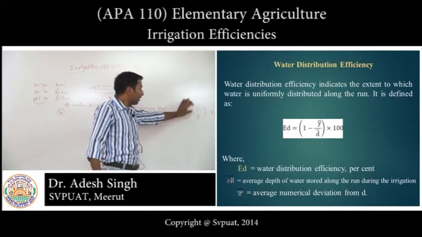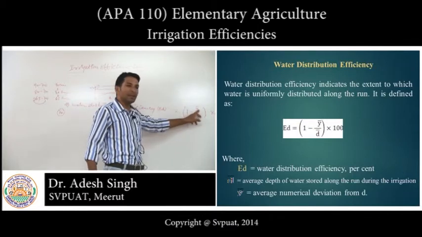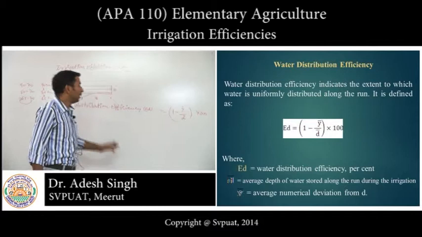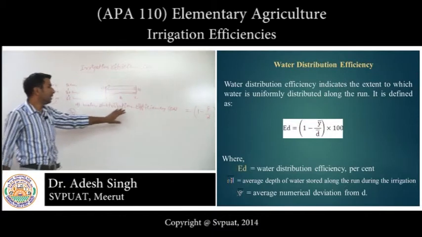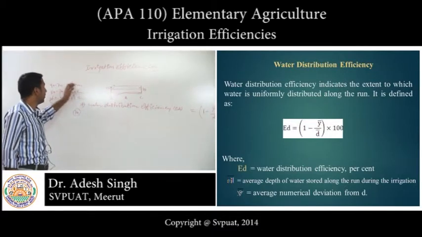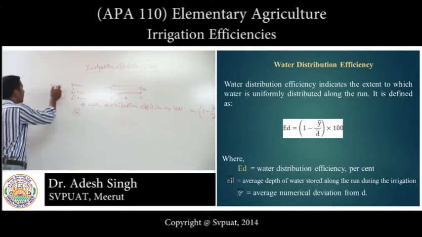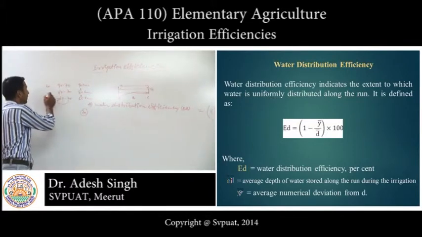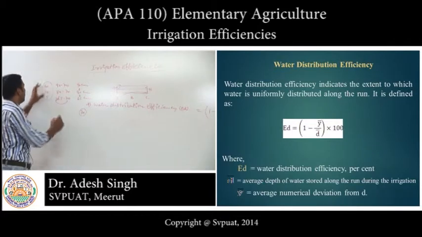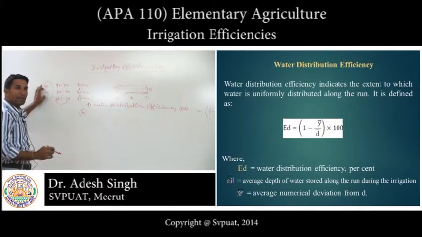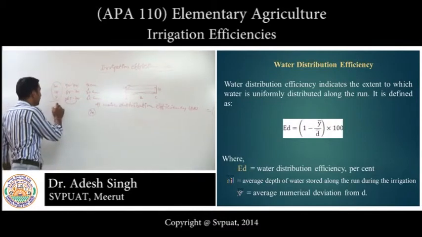So one value is there, a second value, and a third value, and likewise the D bar is constant, but suppose here is 20, here is 10, and here is 5, say for example. Whatever the values are there, they can be divided further by 3.